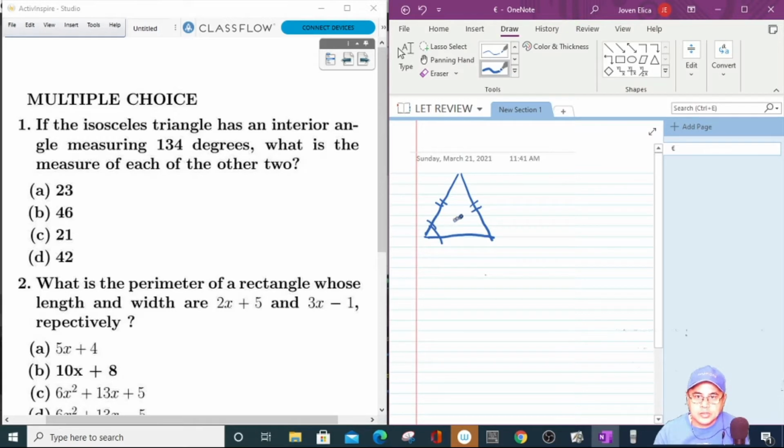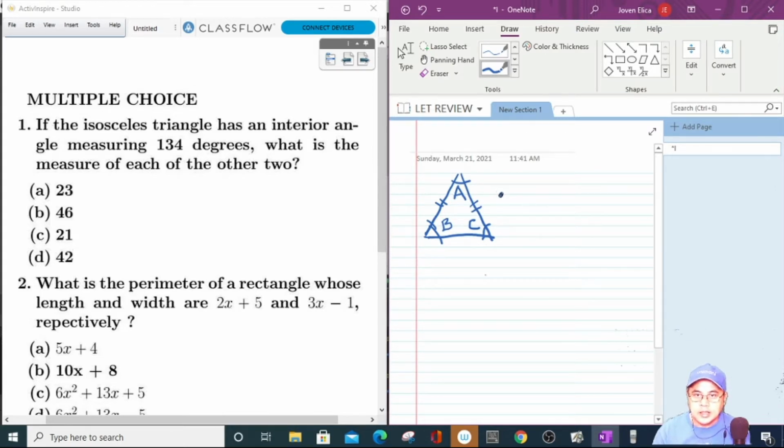The angles that are opposite to both equal sides are equal. Let's say this is an isosceles triangle. Let's say this is angle A, angle B, angle C. I will use a letter to denote an angle. So the two angles that are opposite to the equal sides of an isosceles triangle are also congruent.